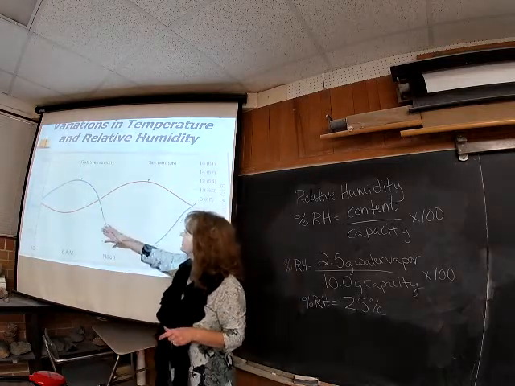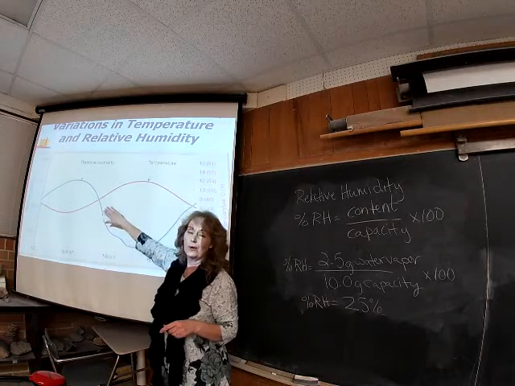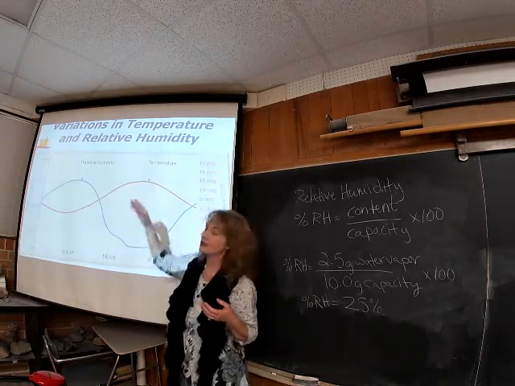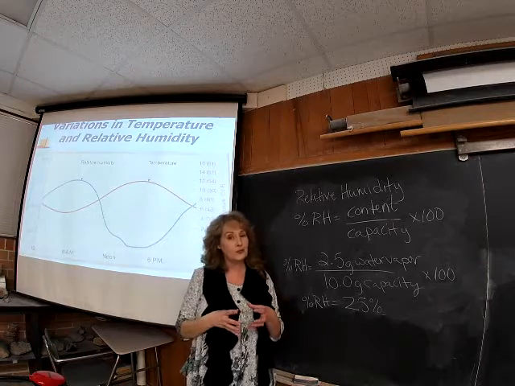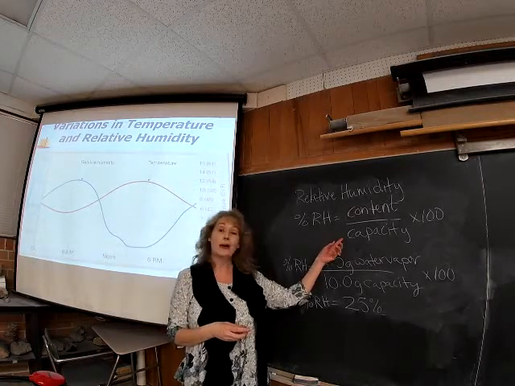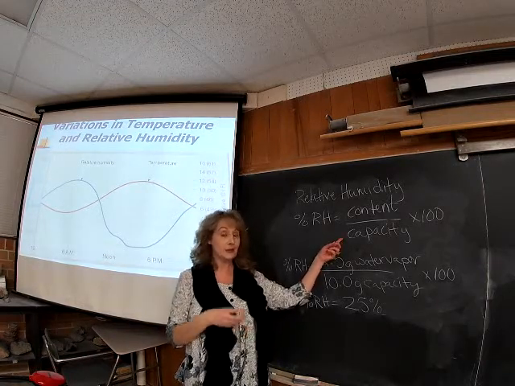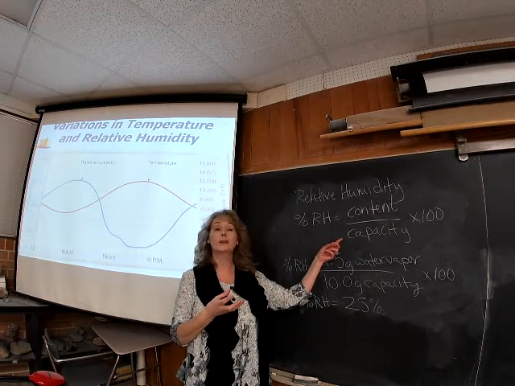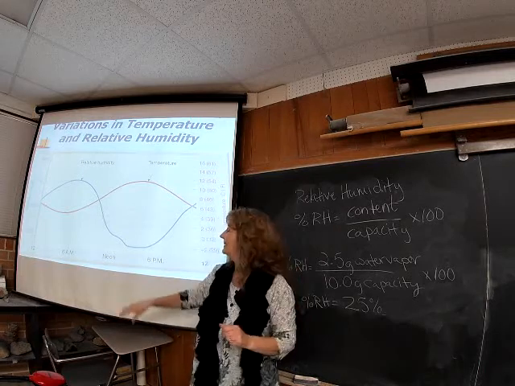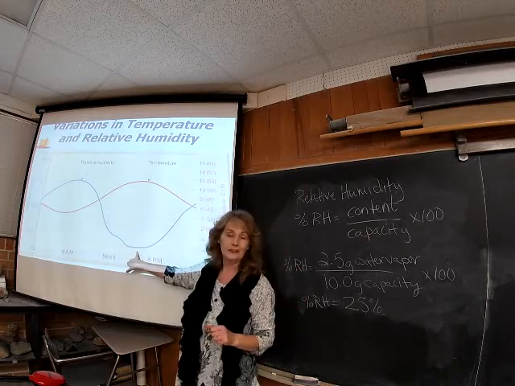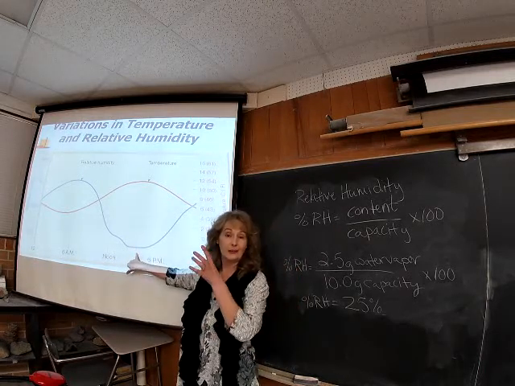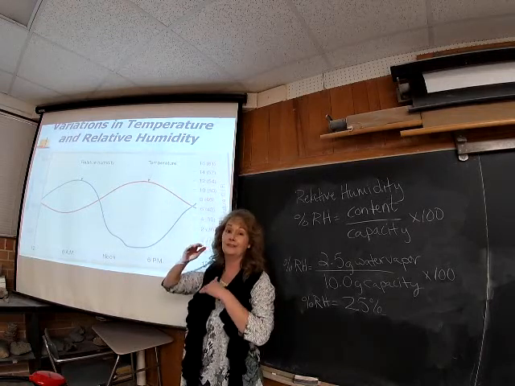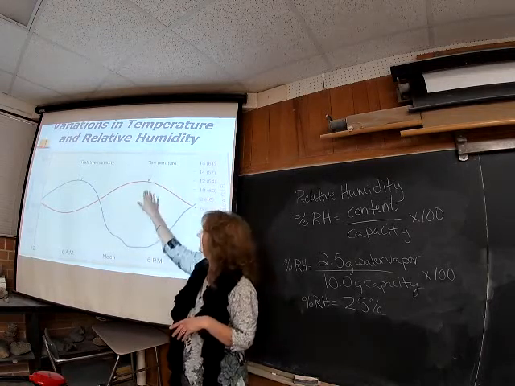But as the day treks on, the temperatures begin to warm and warm and warm. So along about 4 p.m. or so, we get our highest temperatures of the day. That would increase your capacity to hold water vapor. Higher temperatures can hold more water vapor. That ends up decreasing your relative humidity as the day goes on towards the peak temperatures. This is definitely an inverse relationship going on with that.